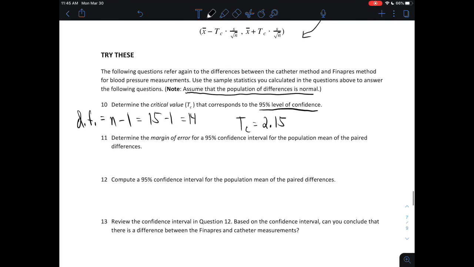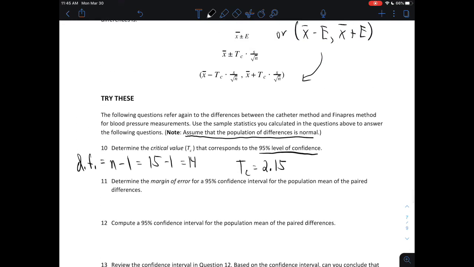So then number 11, determine the margin of error for a 95% confidence interval for the population mean of the paired differences. Here, our margin of error is E equals t sub c times our sample standard deviation divided by the square root of sample size.